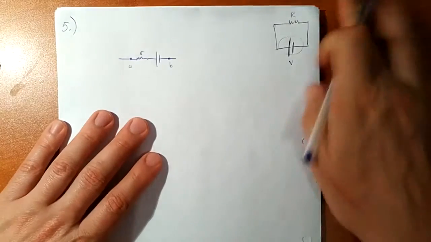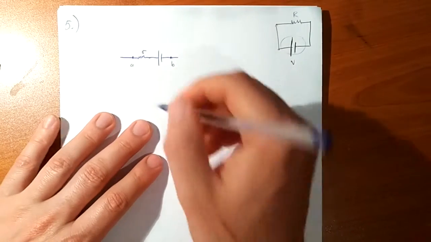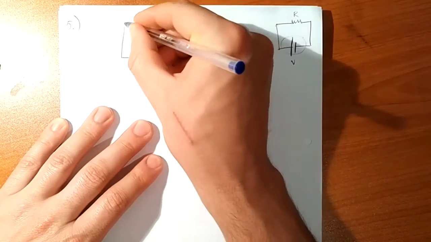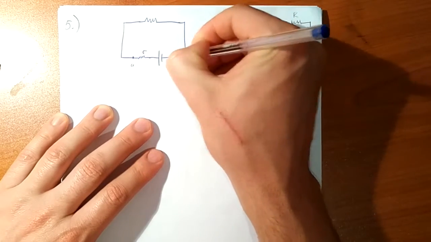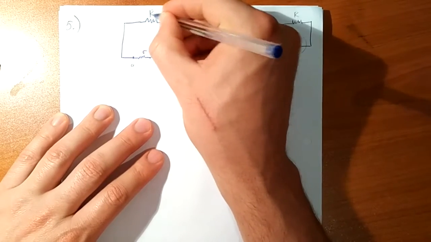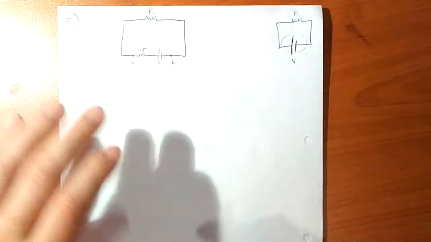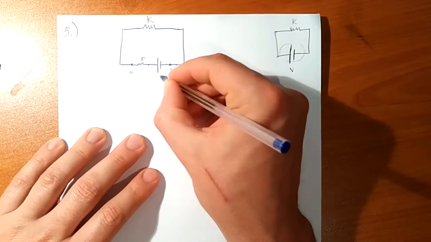The starter motor is out here somewhere. It's got a certain resistance R. So there's the starter motor with resistance R, and this is our EMF.